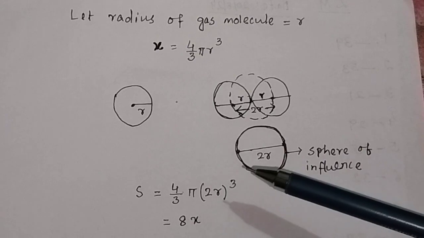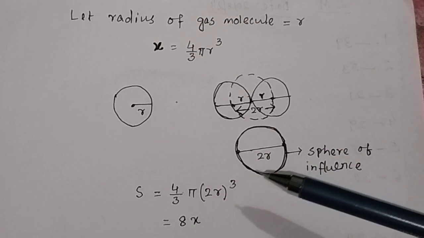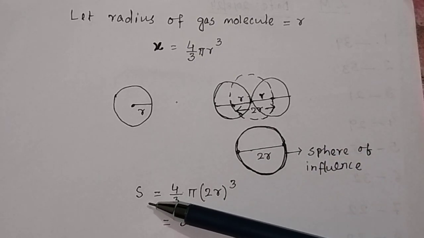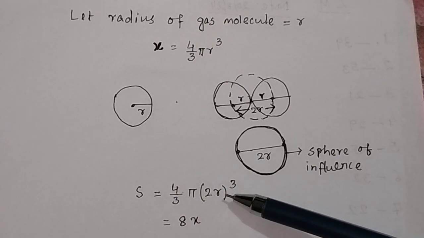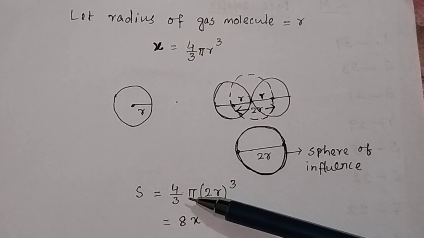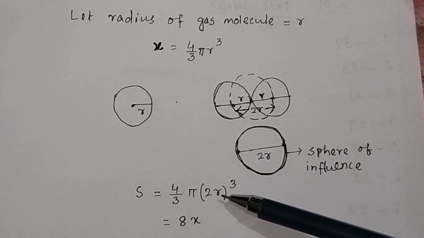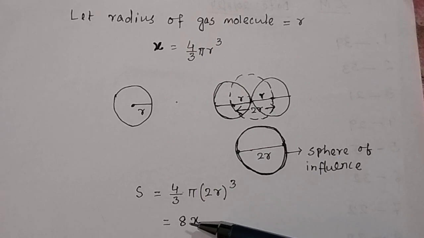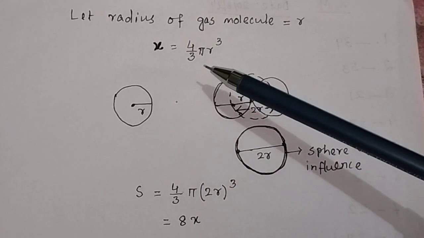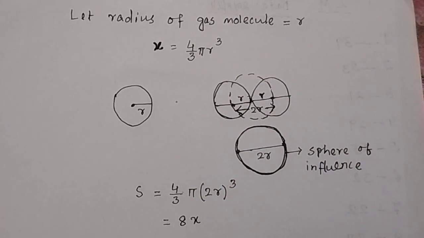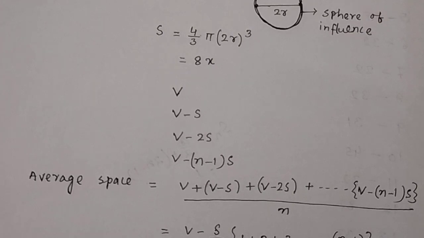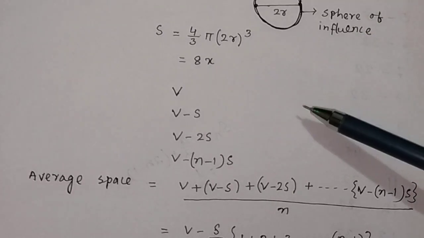So what will be the volume of this sphere of influence? Volume of sphere of influence will be equal to 4 by 3 pi into (2r) cube, that is equal to 4 by 3 pi into 8r cube. So this will be equal to 8 times the volume of an individual gas molecule, S equal to 8x. Suppose we enter gas molecules one by one.